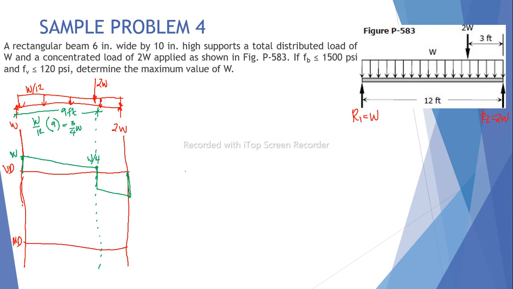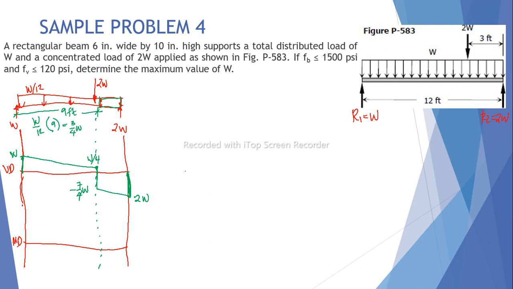Then going down at the concentrated load, it becomes minus 2W, so here we have negative 7 over 4 W. Then because of this load, it goes up by 2W.